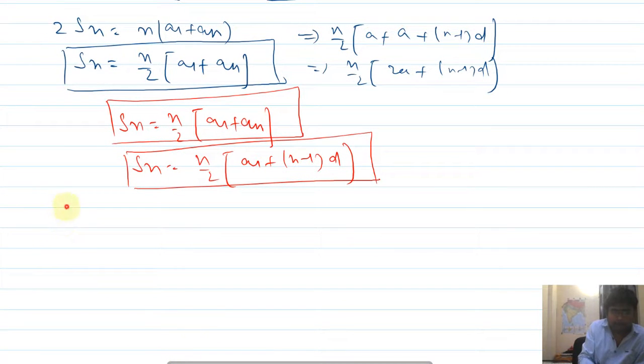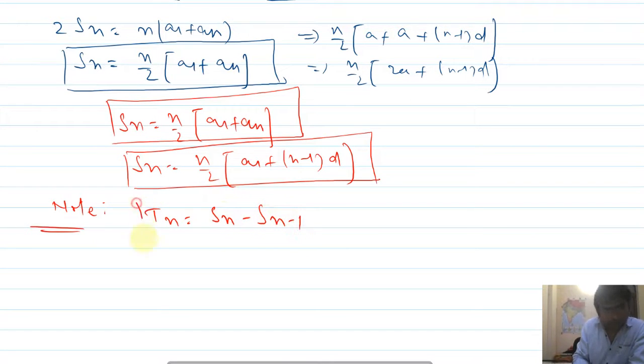See, if we write Sn minus S(n minus 1), what is this?